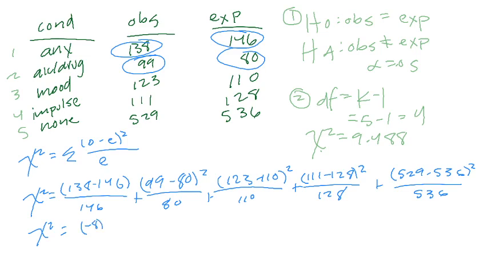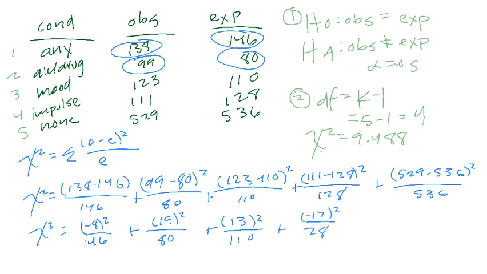So -8 squared all over 146. So we can kind of see the steps here. So you could continue to do this in a table. It's a little bit different when each of our expected values are different. But it's up to you, whatever is easier on you. Okay, we have -7 squared over 536.